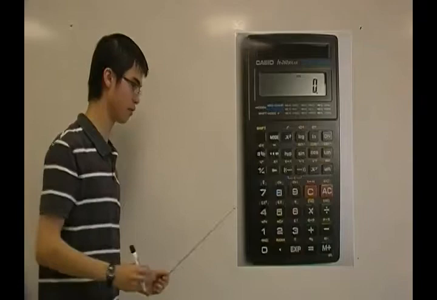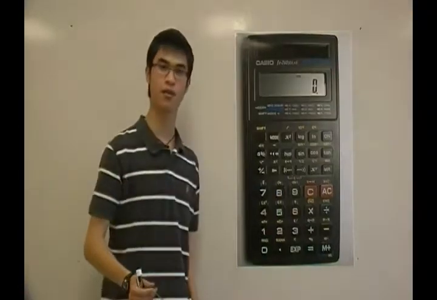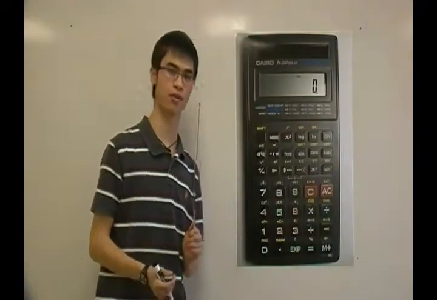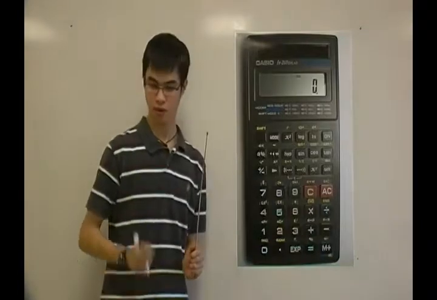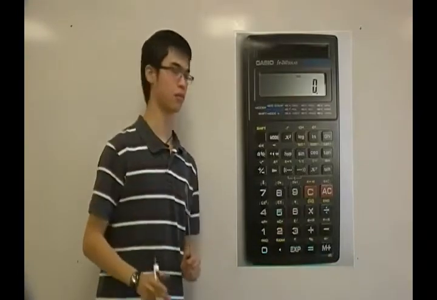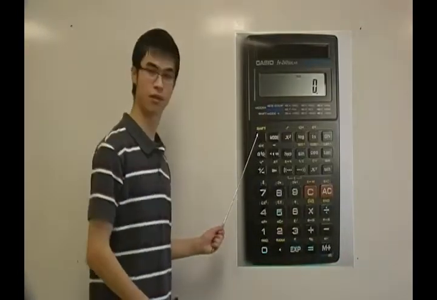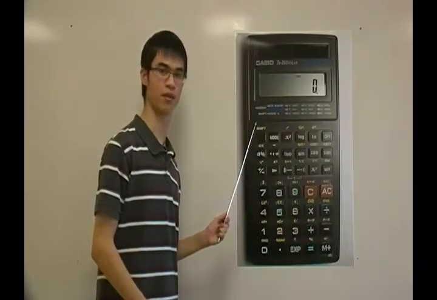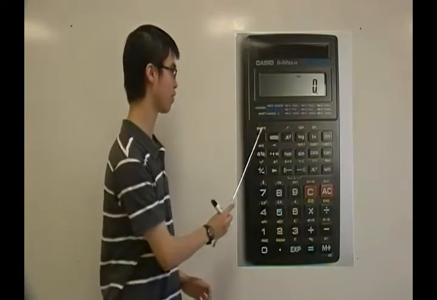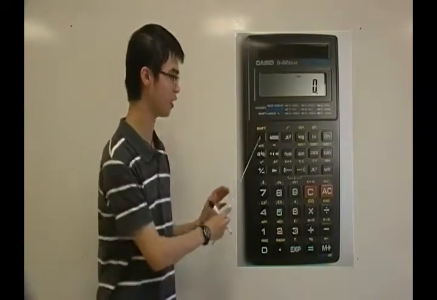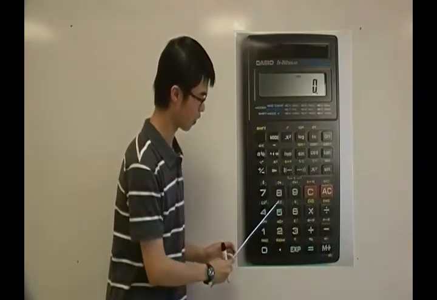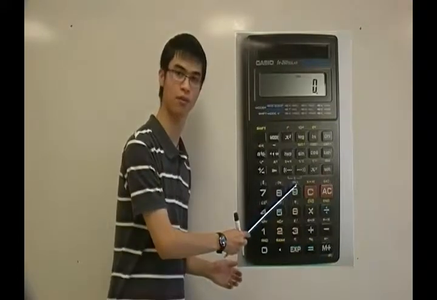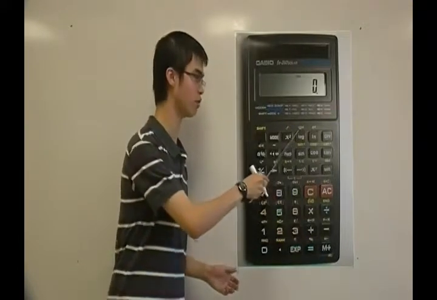Now, there is another important button that you should remember to use. The shift button. It is this button right here. It's highlighted right above the button as shift. What this button is used for is when you hit it on the calculator, whatever is above the regular buttons here is what you will be using.